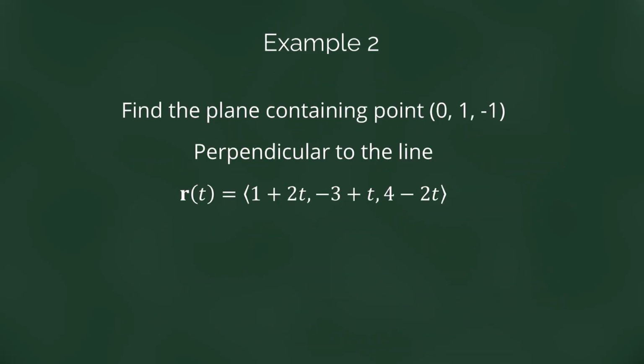All right, in our next one, we are looking for a plane that contains the point 0, 1, negative 1. And we know that the plane is perpendicular to the line r of t equals 1 plus 2t, negative 3 plus t, and 4 minus 2t. So we know that this line has a direction vector 2, 1, negative 2.